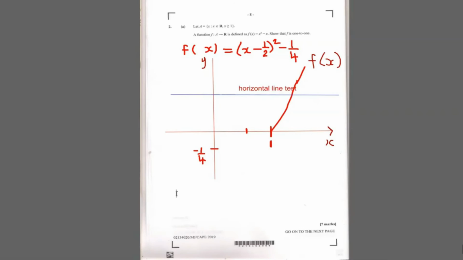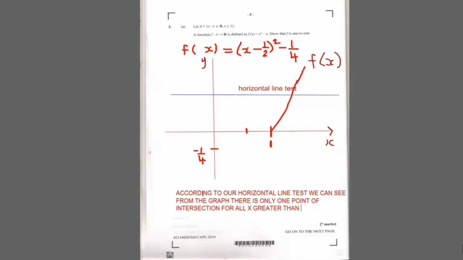So according to our horizontal line test, we can see from the graph there is only one point of intersection for all x greater than or equal to 1 with the curve.